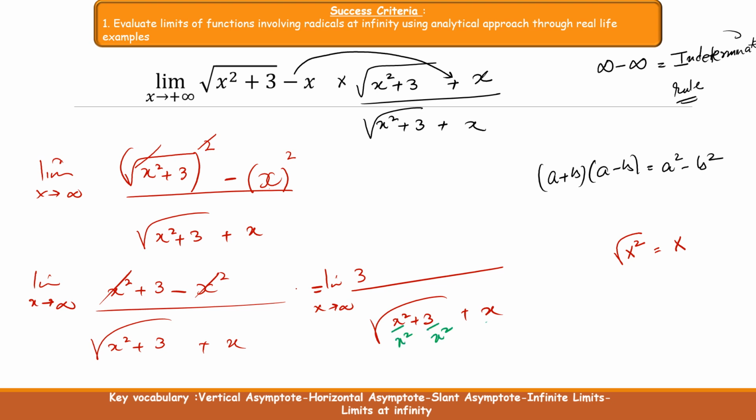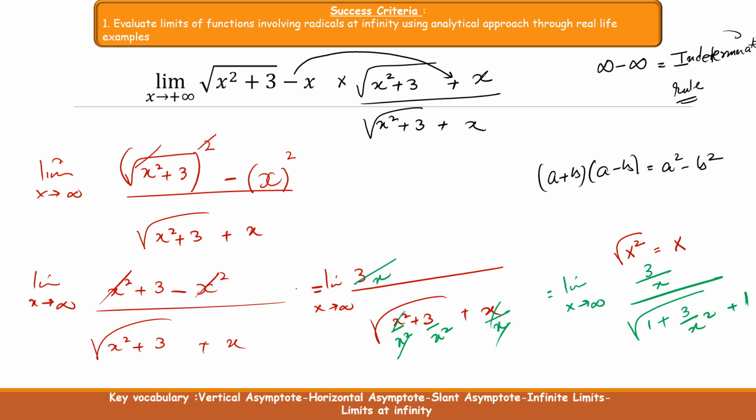The term which is outside the square root, divide by x. Now solve it. X square cancels. Solve it and write it in the simplified form. So we will get 3 over x, all upon square root of 1 plus 3 over x square, and x cancels, so it will be plus 1.